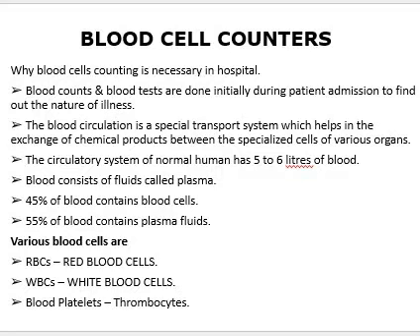So why is blood cell counting necessary? What is the use of blood cell counting? Blood cell counting is done initially, at the time of patient admission, to find out the nature of illness.